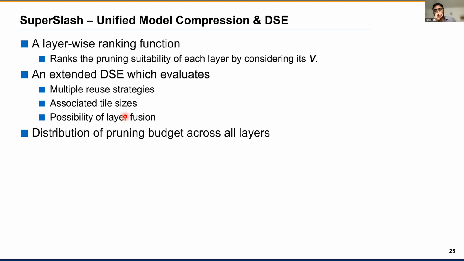When we say layer fusion, what we really mean is that you process one convolutional layer, and afterwards you do not write the result back in the off-chip memory. You just keep on using that output data, and afterwards you again do the processing of the next convolutional layer on it. So it is what we call multi-layer fusion.